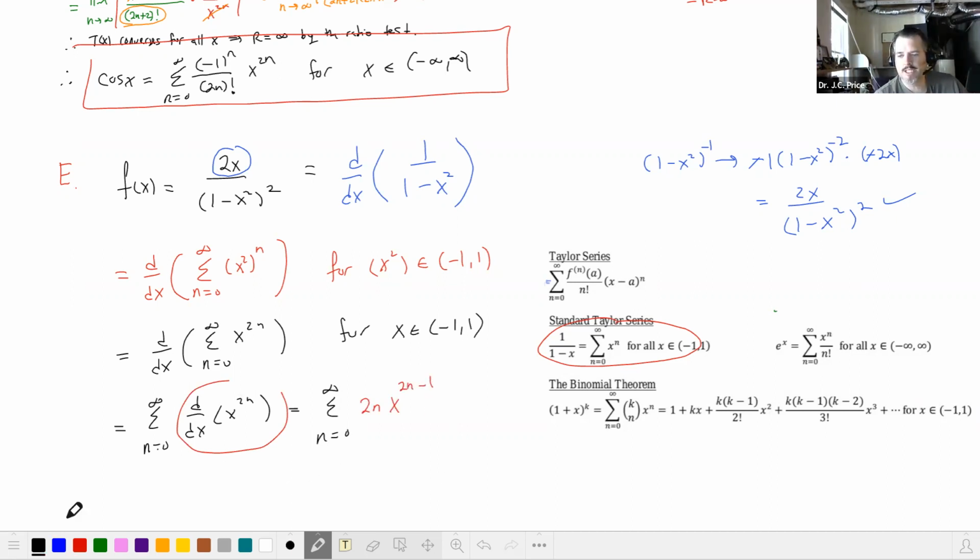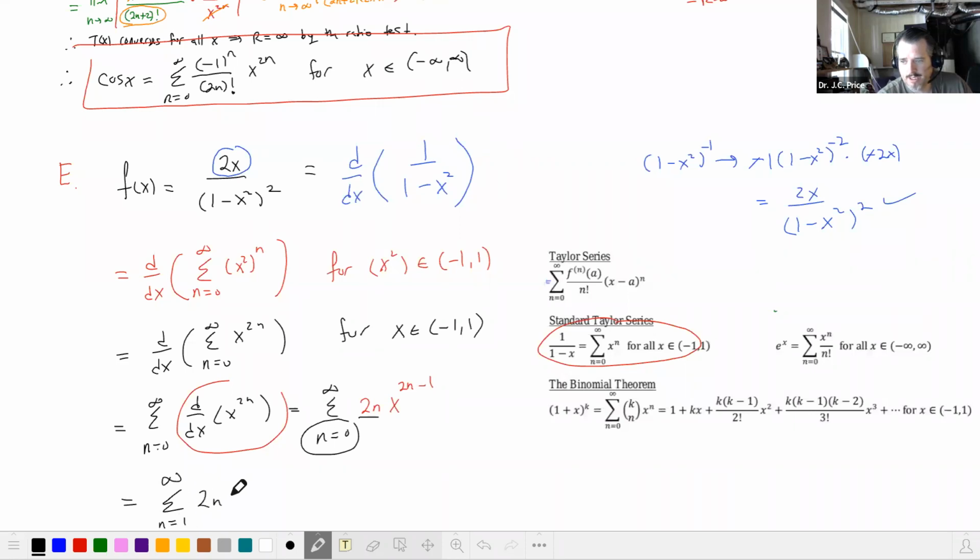And now notice n is equal to 0 here. You actually don't need that, because if n is 0, the term is actually 0. So I would restart this, just start at 1, because I don't need the 0 information.